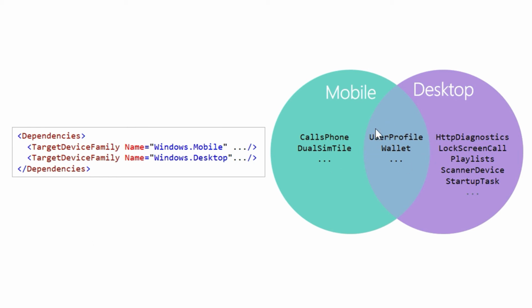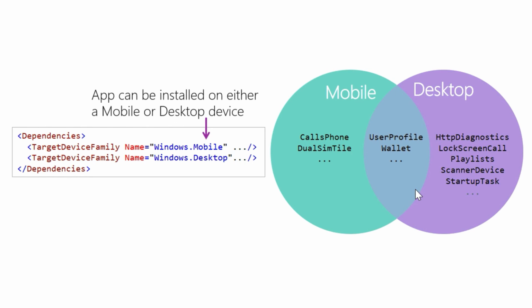And this final case is the most common one that people talk about when they think about platform adaptive code. Our goal now is to use the APIs that exist over here and over here. In other words, API contracts that exist only on some but not all of our target device families. So we target desktop and mobile. Therefore, sometimes our app's going to be running on a mobile device.